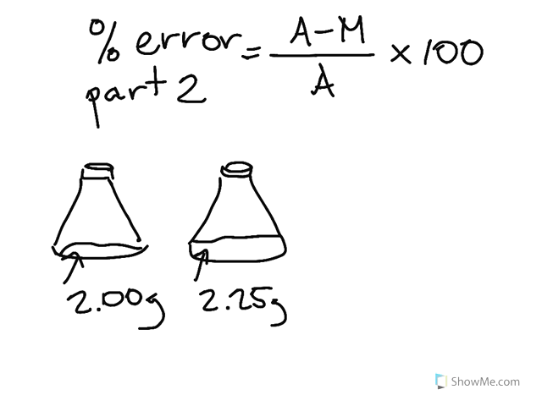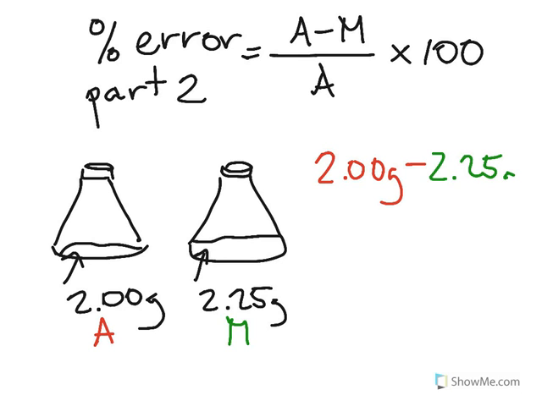Well, let's plug in the values. So our accepted, again, is this value. So that's our accepted value, and this is our measured value. So the accepted value would be 2.00 grams minus 2.25 grams. And then all of that will be divided by our 2.00 grams.